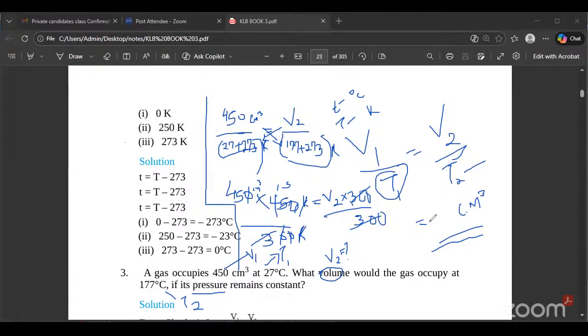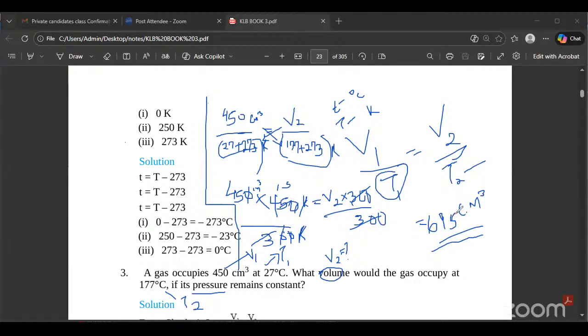Is it 45 times 15? No, it should not be 15. Yeah, I think it is 15. Because then it is divided. Okay. Then the answer is 675. Yes. So the answer is 675.